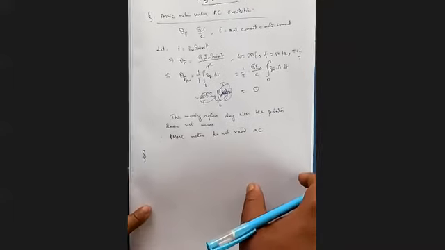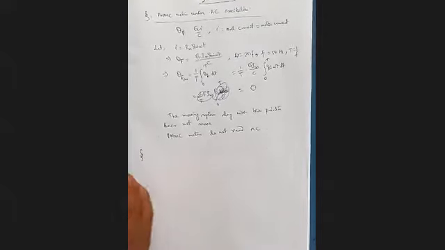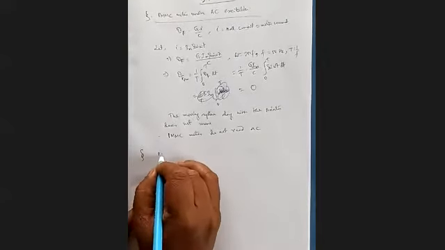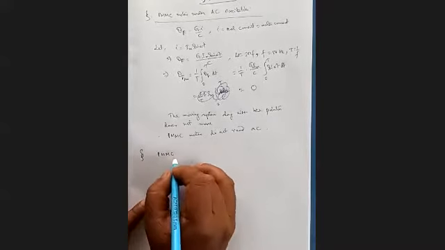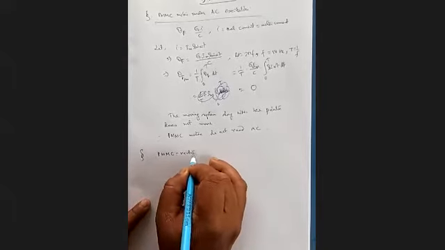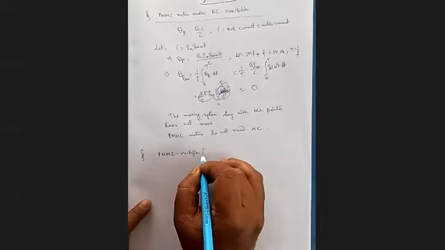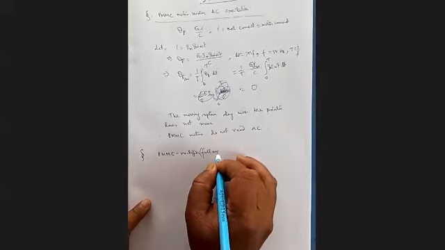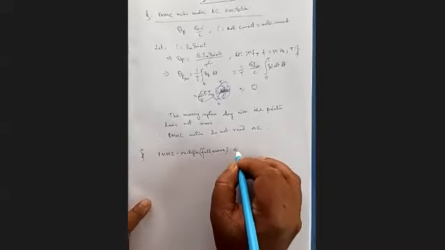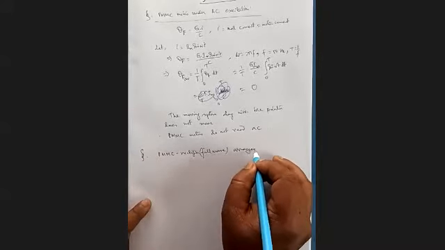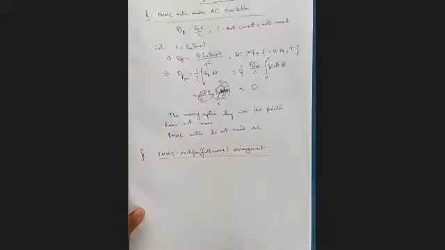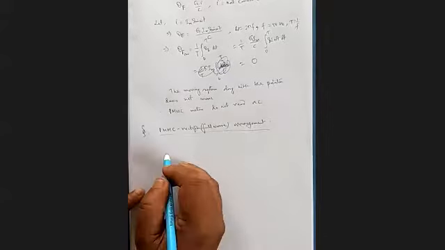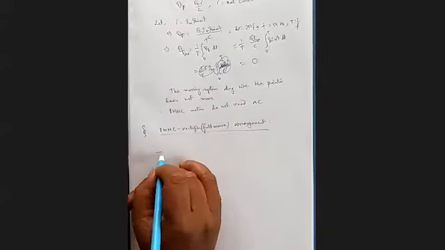The trick is that if we connect a rectifier arrangement, then we can use the PMMC instrument to measure AC. So PMMC with a full wave rectifier arrangement. Consider that there is an AC signal.